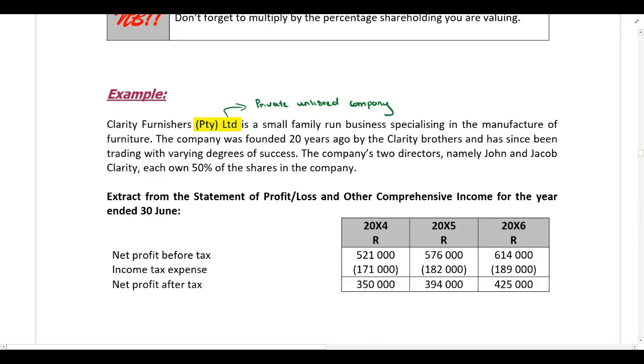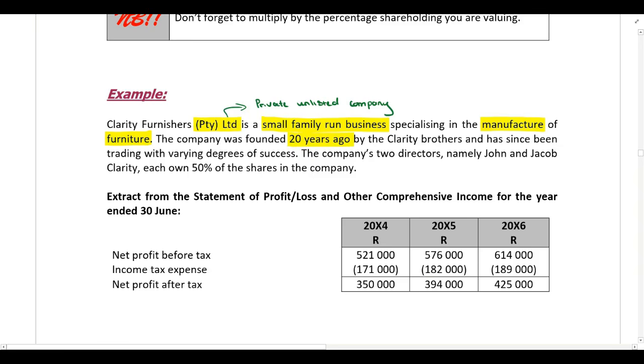And this is a small family-run business, and they specialize in the manufacture of furniture. The company was founded 20 years ago by the Clarity brothers and has since been trading with varying degrees of success. So the company has been around for quite a long time. It was founded 20 years ago.